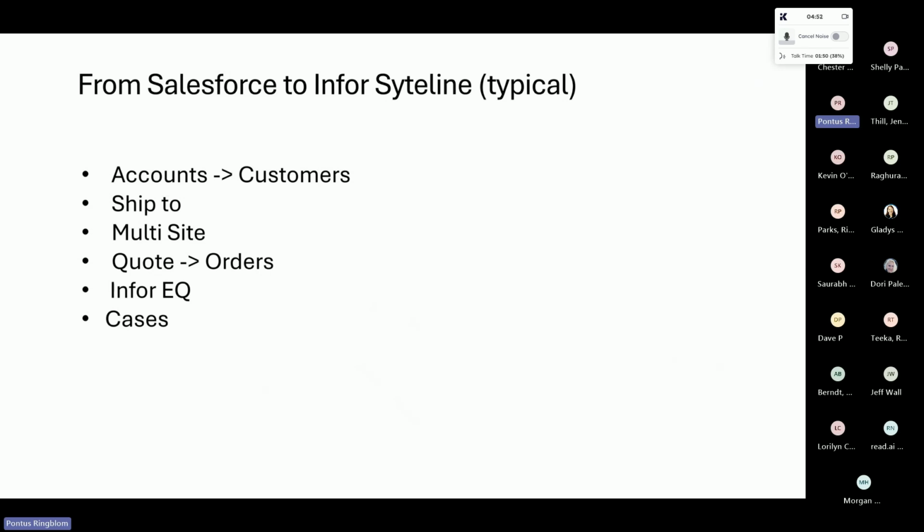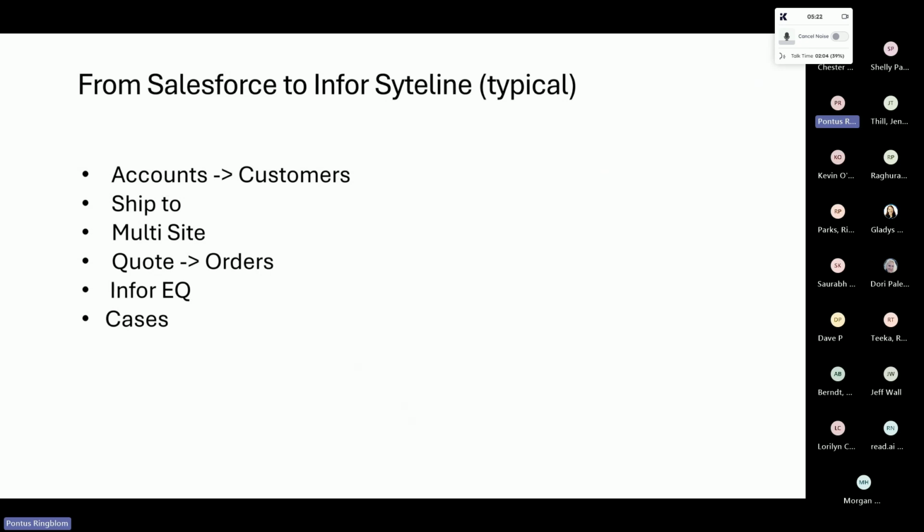So what we have worked on with those customers using Infor EQ as part of Salesforce is to automate the flow to create the customer automatically upon approval of that quote, and then it syncs back to EQ. So within EQ you can then take that customer and create an order, and it flows directly from EQ into Sightline. And once the order is created in Sightline, it flows back to Salesforce, and you see the order that was created from Infor EQ.